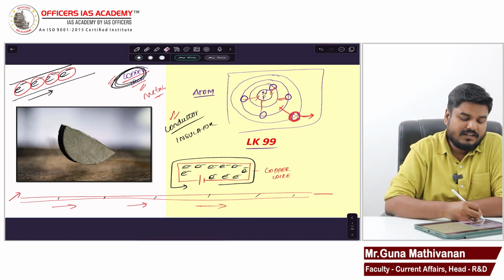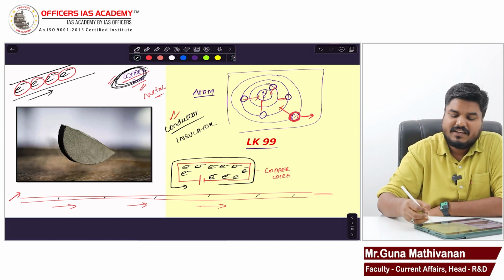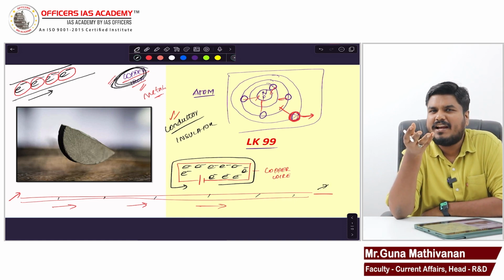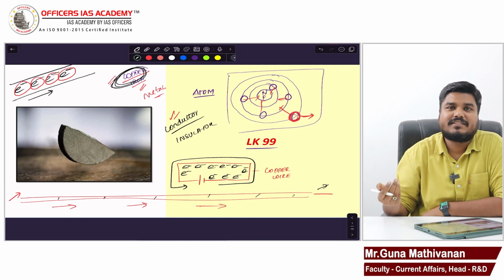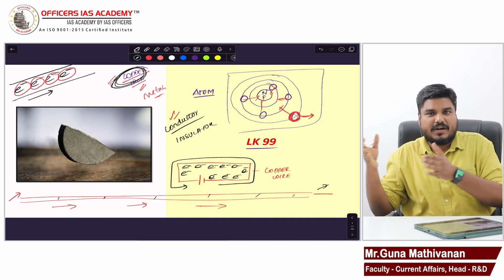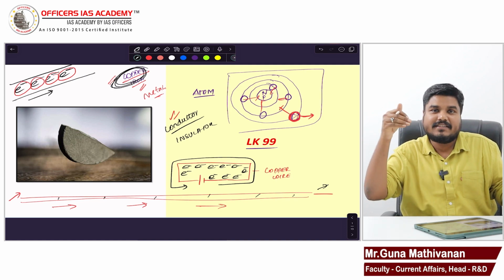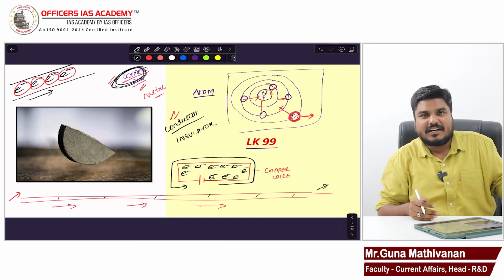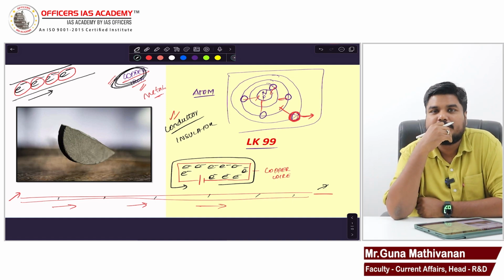For example, on one side you are giving 100 units of power. On the receiving side you will be receiving, let us say, 70 units of power. There will be power loss. So when you are conducting power from one point to another point, since the conductor has resistance, the electron movement can be reduced, the speed can be reduced.